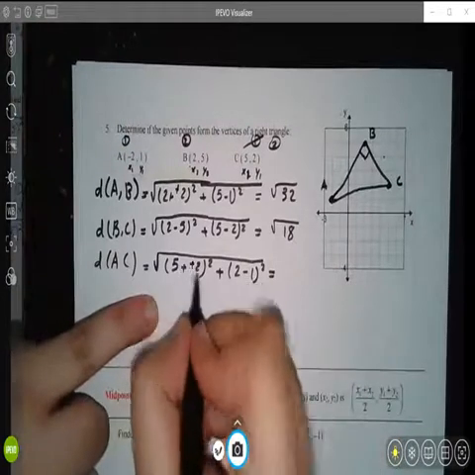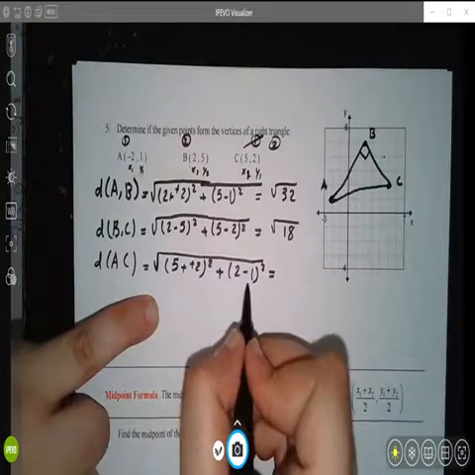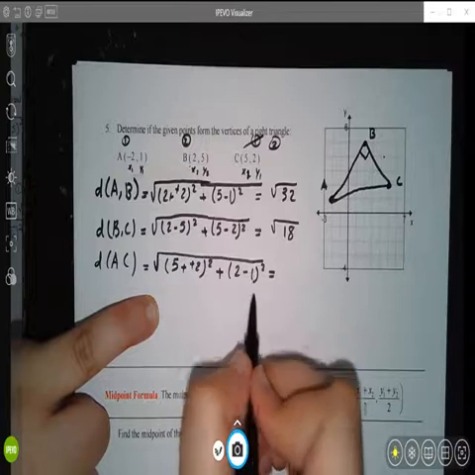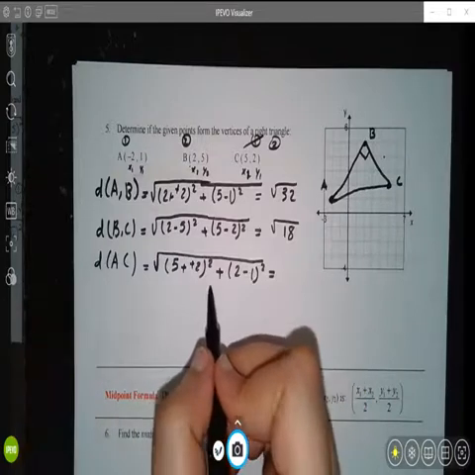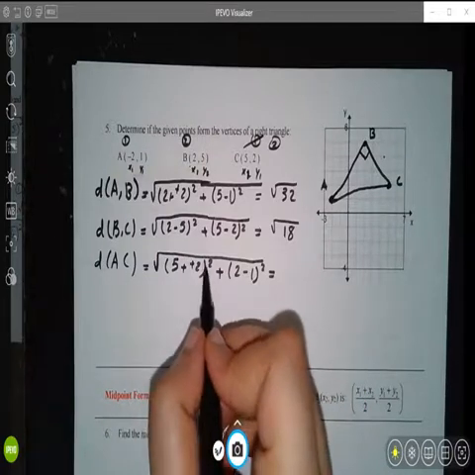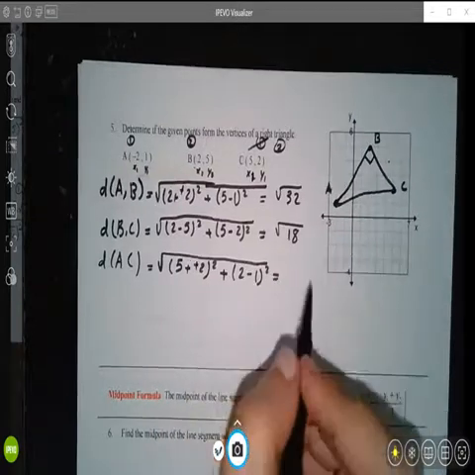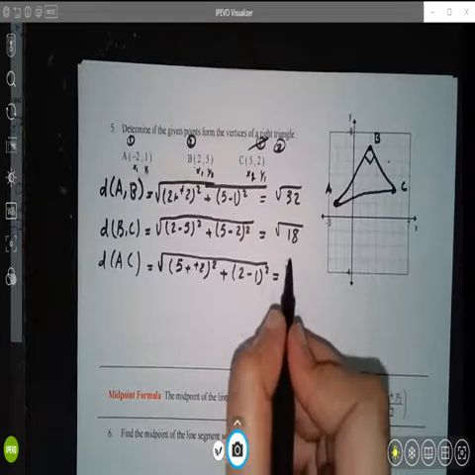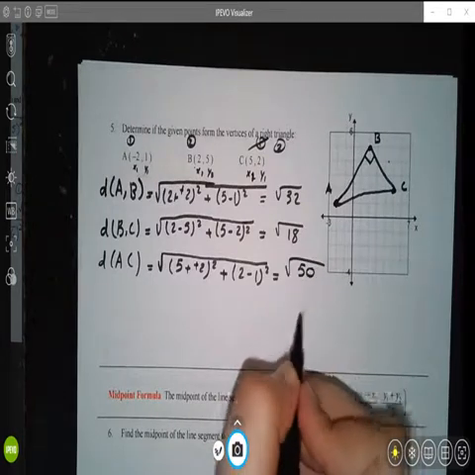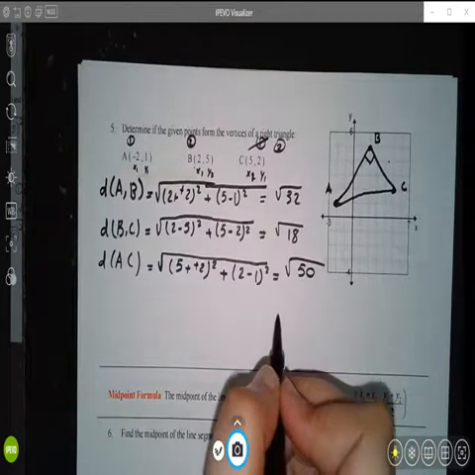So these get added and these subtracted. So we have what? 7 squared plus 1 squared. So that's 49 plus 1, which is 50. Root of 50.